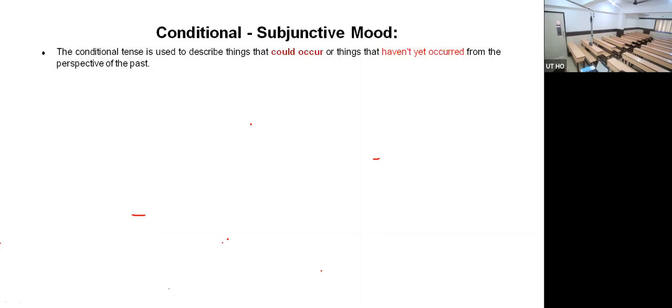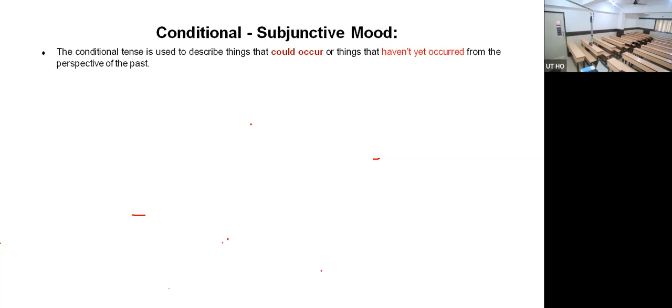So that was the basics of the different types of tenses. Now there's one more structure which is important and it is very commonly tested. The conditional or the subjunctive mood of the verb. Now conditional or subjunctive means something that is a hypothetical situation or hasn't happened.